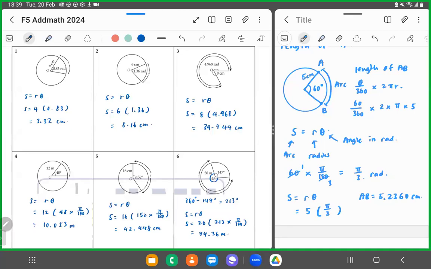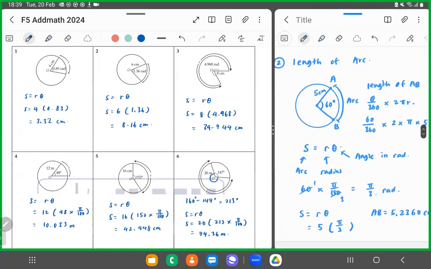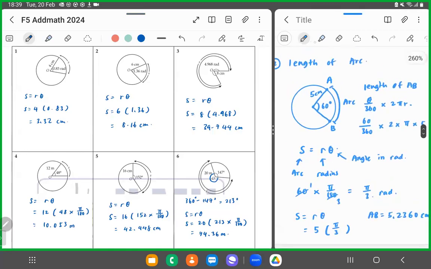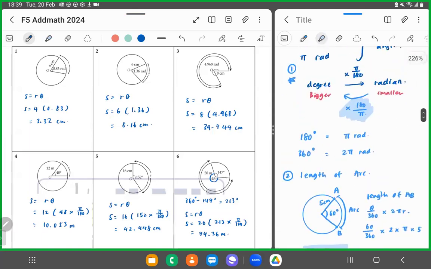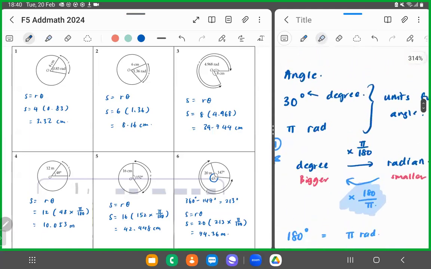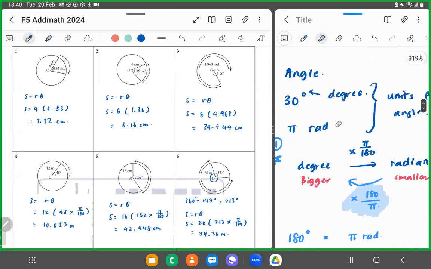For the new joiners, we learn this new formula, S equals R theta, where S is the length of the arc, R is the radius, theta is the angle in radian. So radian is new to you, right? Angle has 2 units, one is degree, another is radian.